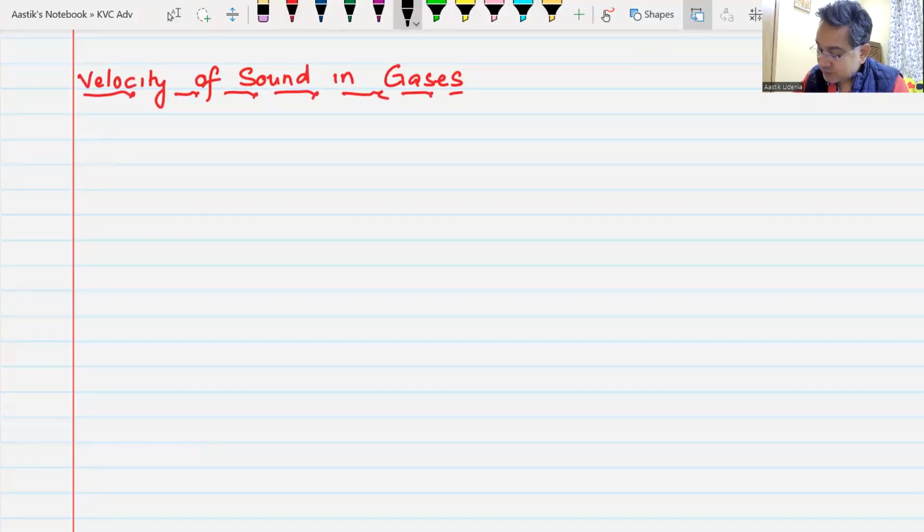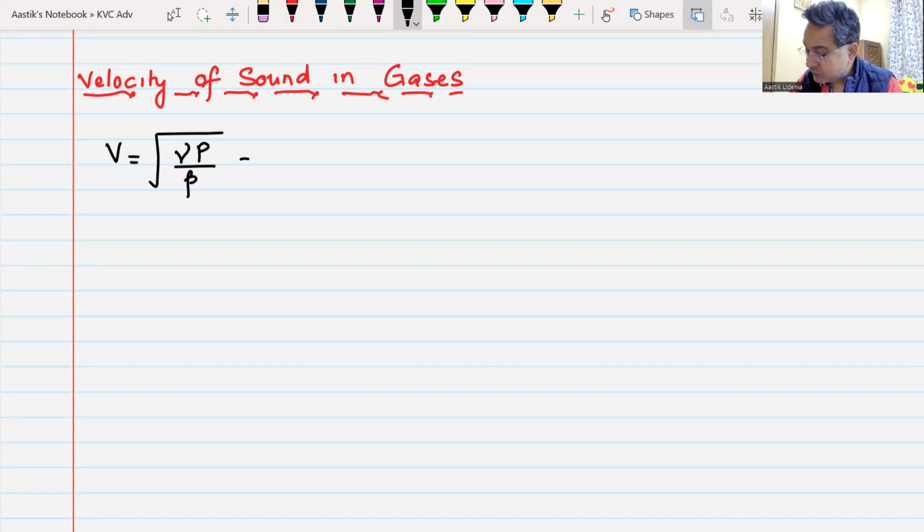Now the formula for the velocity of sound in gases becomes root over gamma P by rho, right? So you can write it in different ways.